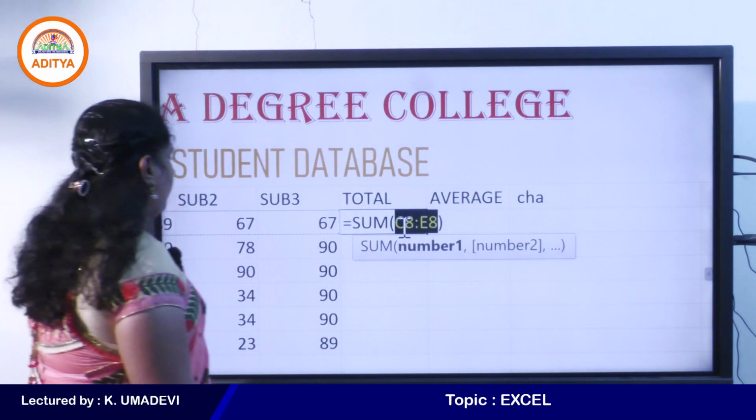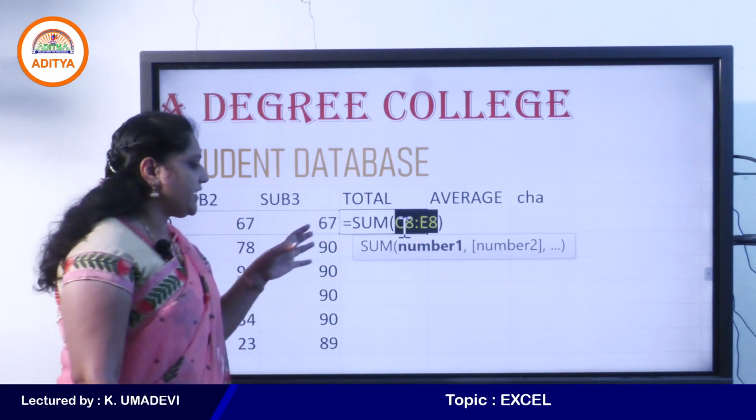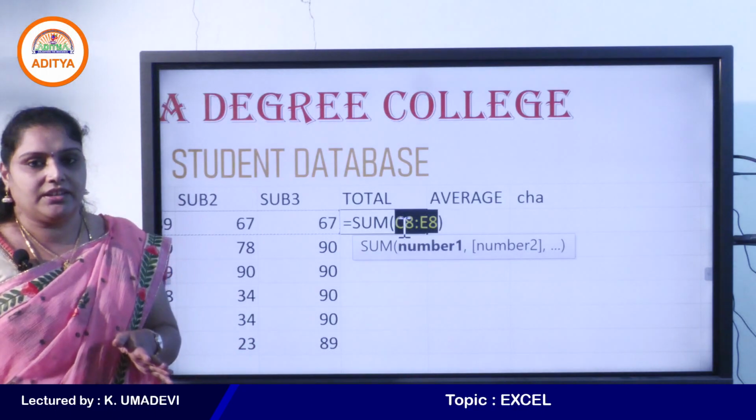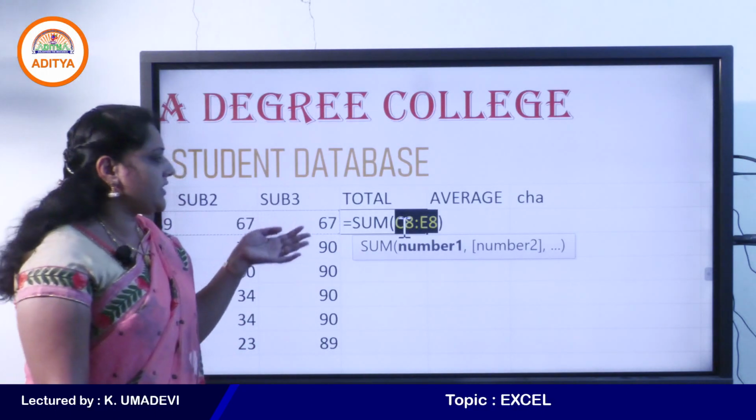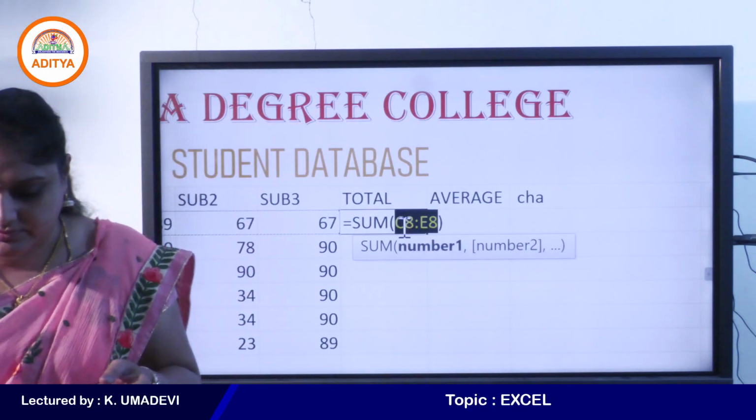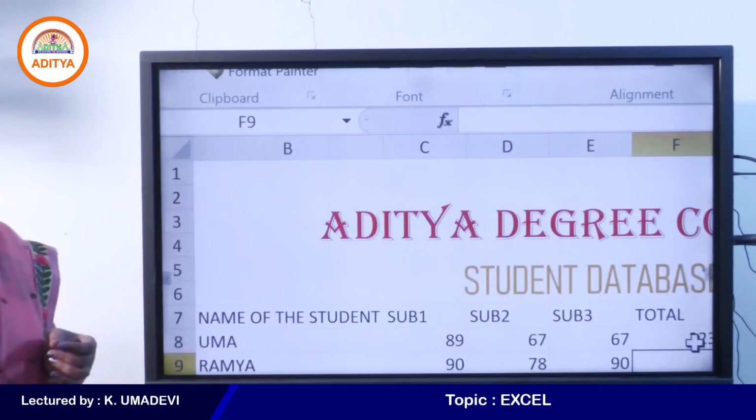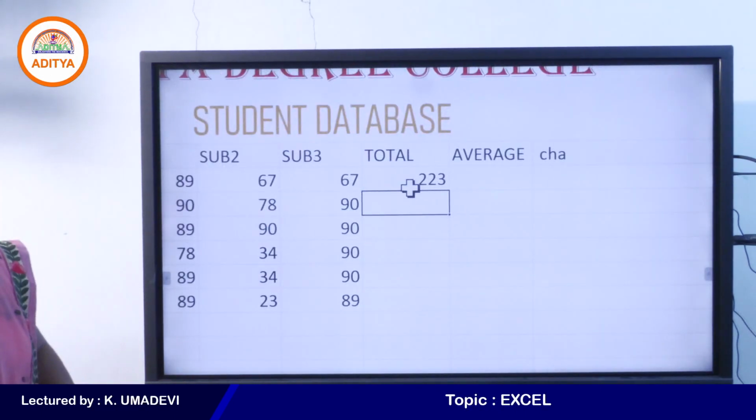The range of cells is already selected here, that is C8 to E8. Now I want to add all these numbers first and press the Enter key. Then just copy the formula to the remaining cells.